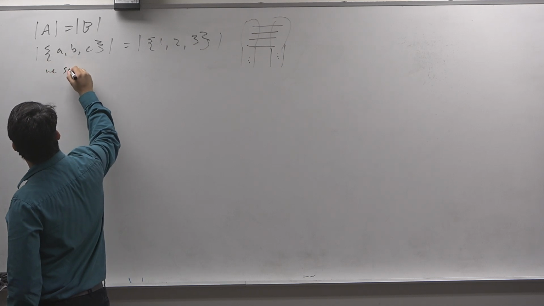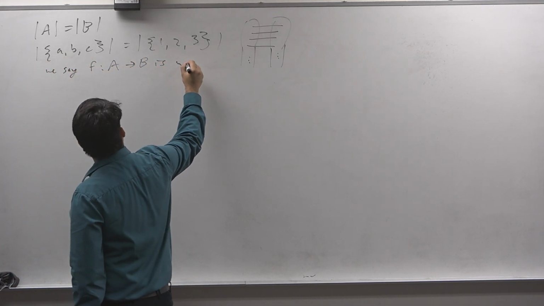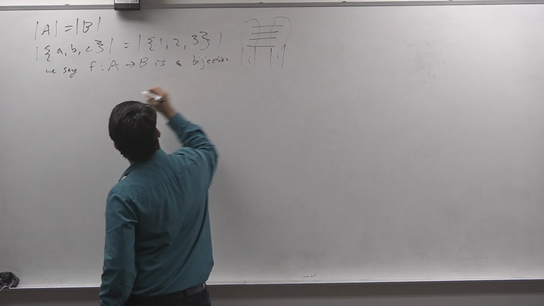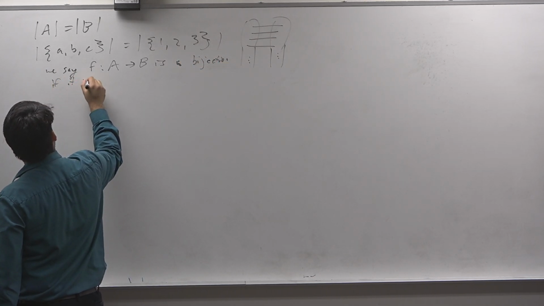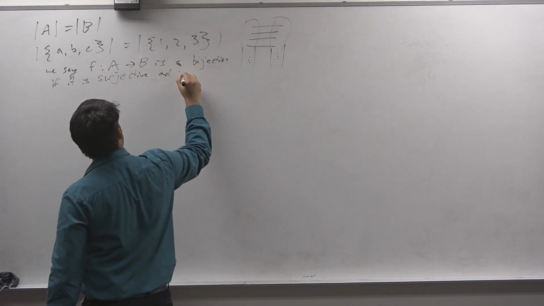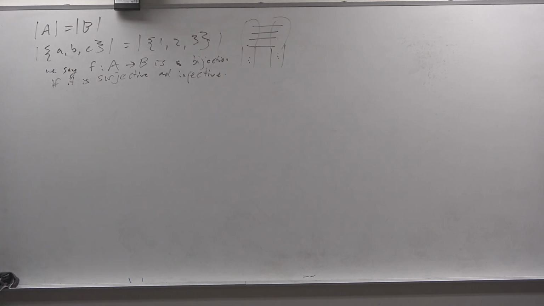We say f from sets A to B is a bijection if it is surjective and injective. Let's define what those are in just a second.